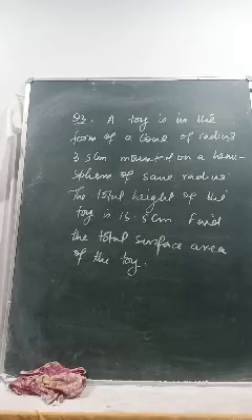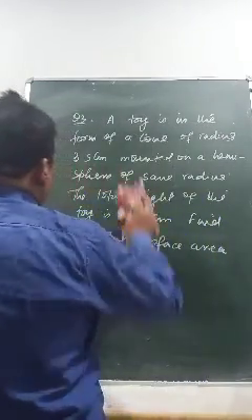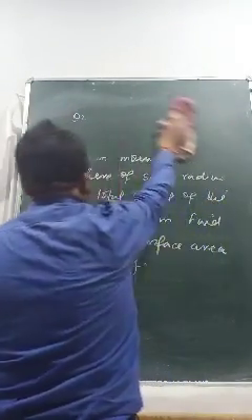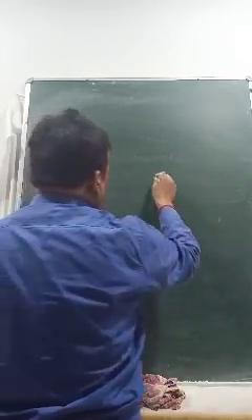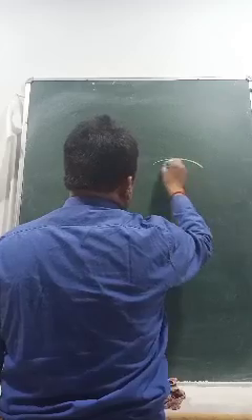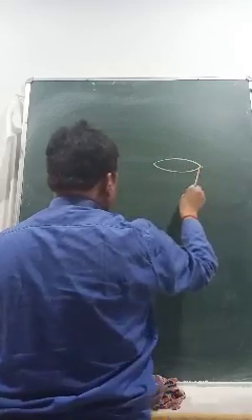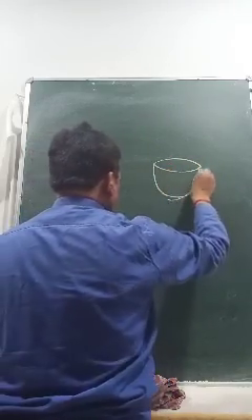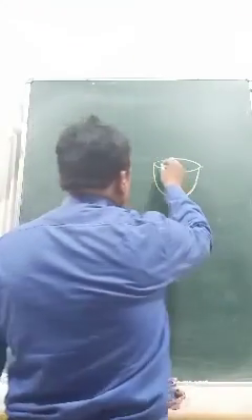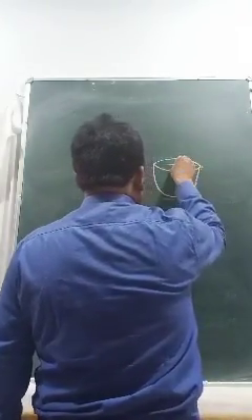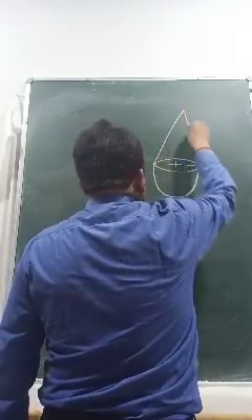So look at here. What will you find? Toy is in the form of a cone mounted on a hemisphere. Again there is a hemisphere here. On the same radius there is a cone.